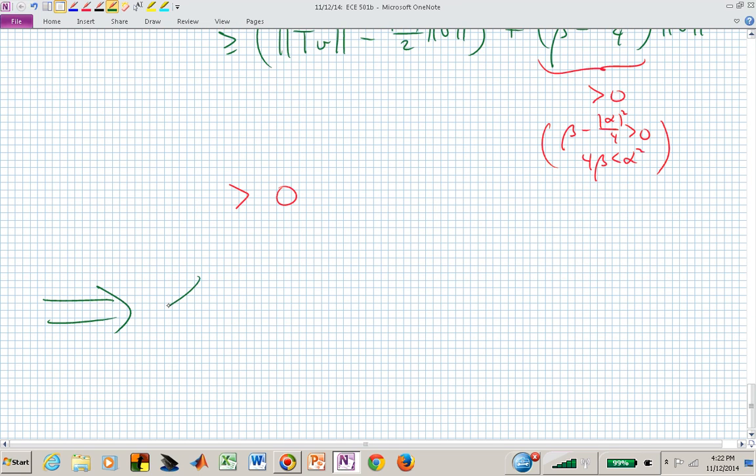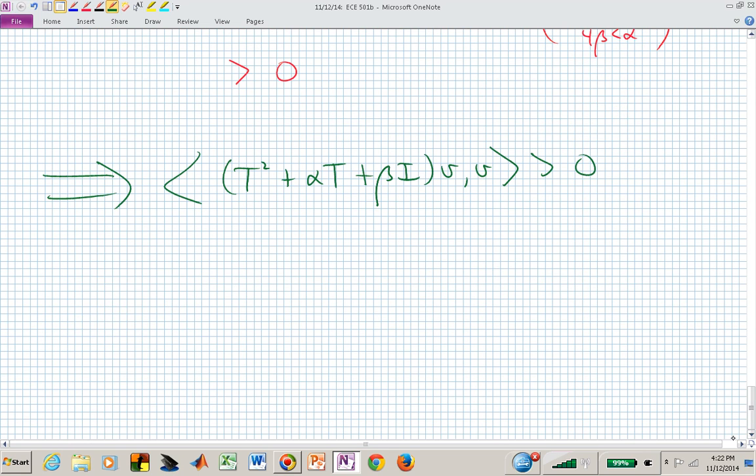Let's just remind ourselves of what we had. We had t squared plus alpha t plus beta I times v with v is now greater than 0. What can we say about the vector v as a result of this relationship and how v is related to that operator?